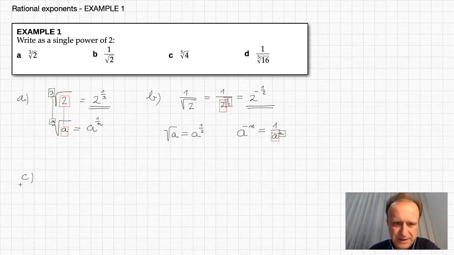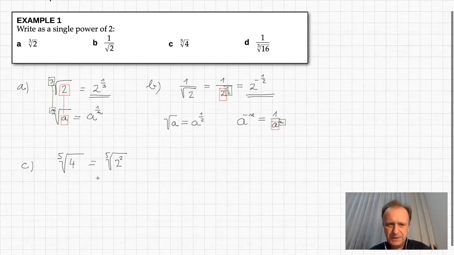Let's do part C. In part C, we have the fifth root of 4. Okay? So, to proceed here, you have to realize that 4 is 2 times 2, or 2 to the power of 2. So we can replace it like the fifth root of 2 to the power of 2.